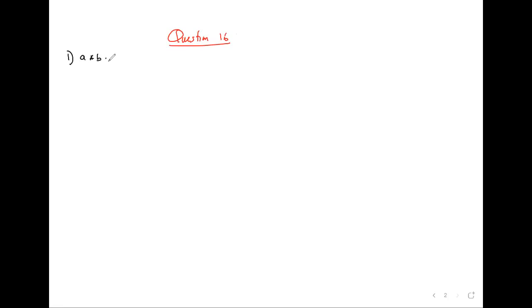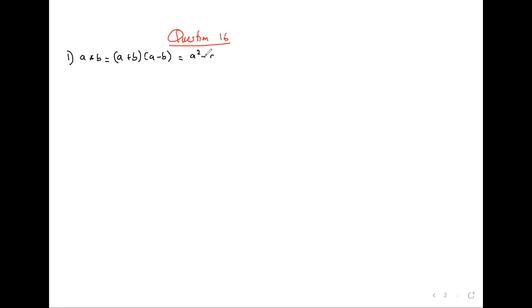A star B has been defined as A plus B multiplied by A minus B. For simplicity, you can expand this. Immediately you see it, you expand it.